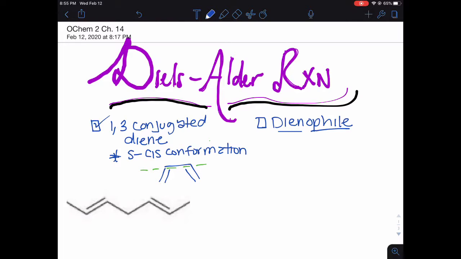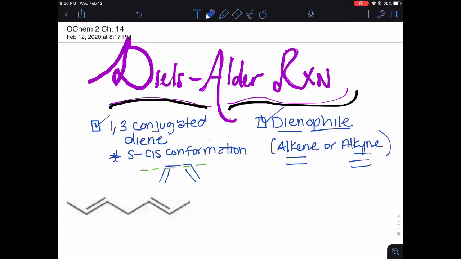So a dienophile is something that loves a diene. So that would be an alkene, meaning your double bond, or an alkyne, your triple bond. Okay, so you need to have these two present for a Diels-Alder reaction.